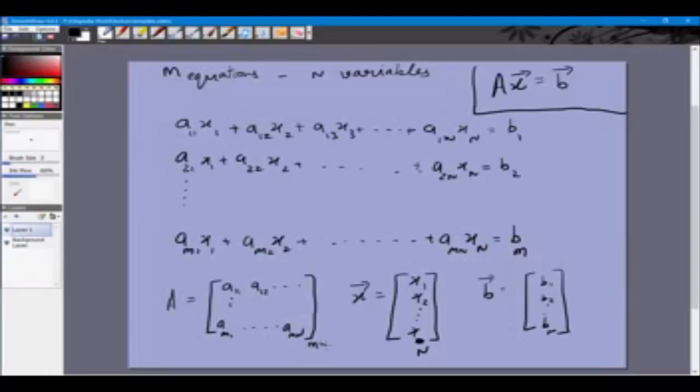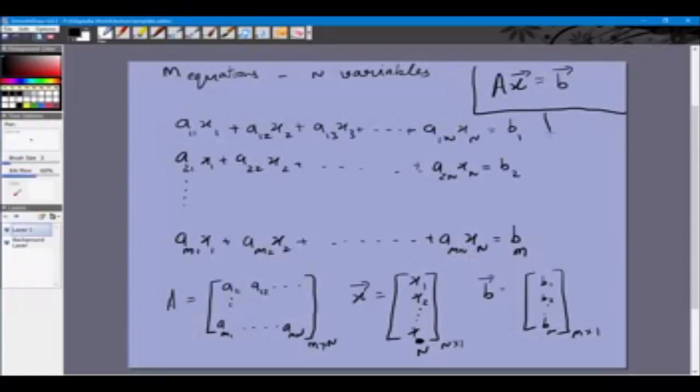So this is an m cross n matrix multiplied by an n cross 1 matrix gives us an m cross 1 matrix. Right. Now you can easily see that this row multiplied by this column, a11x1, a12x2 and so on, has to be equal to b1. So this equation indeed does represent this particular linear system of equations.